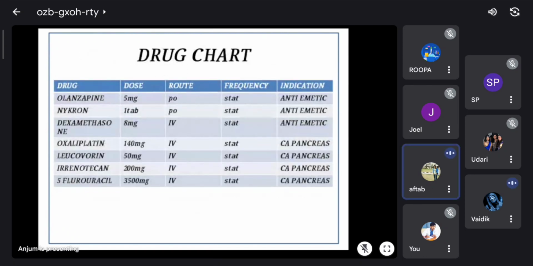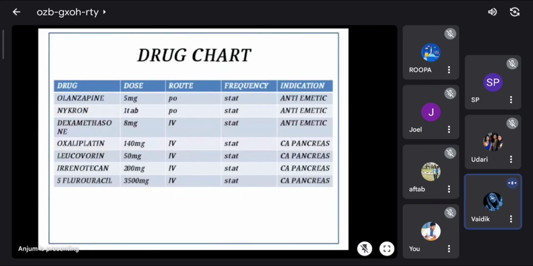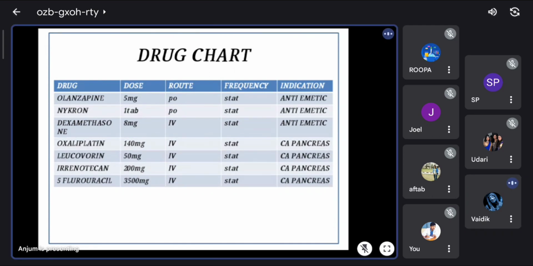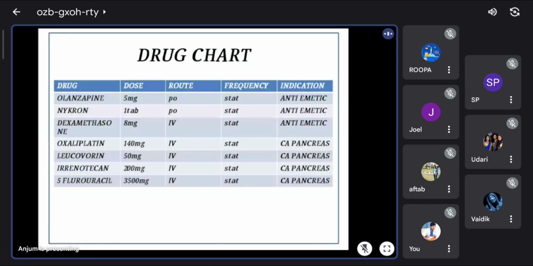Antipsychotic. Antipsychotic, but it has the tendency, it has an antiemetic effect also.